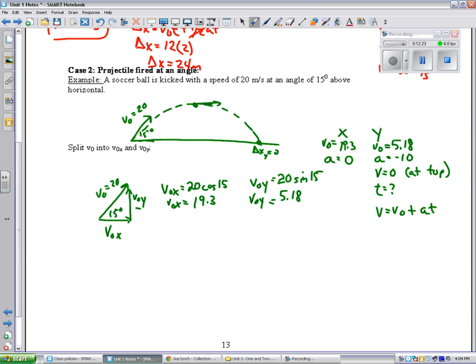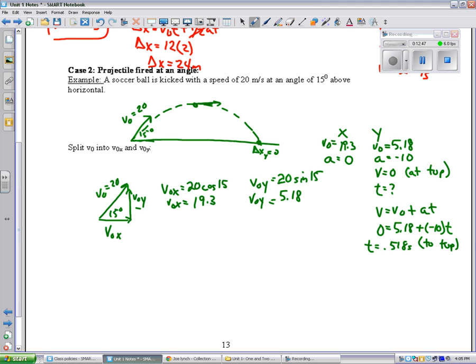So, we got 0 equals 5.18 plus minus 10 times t. And if we solve that, we'll get t is 0.518 seconds. Now you have to be careful because that is just to the top.